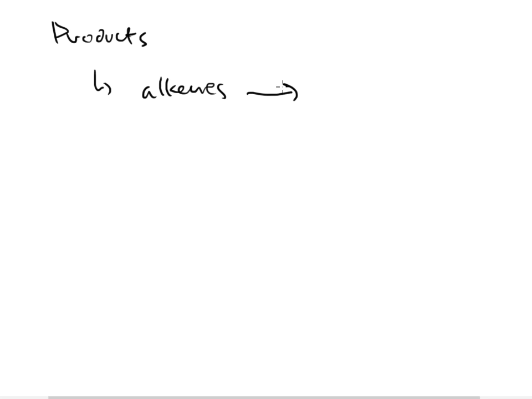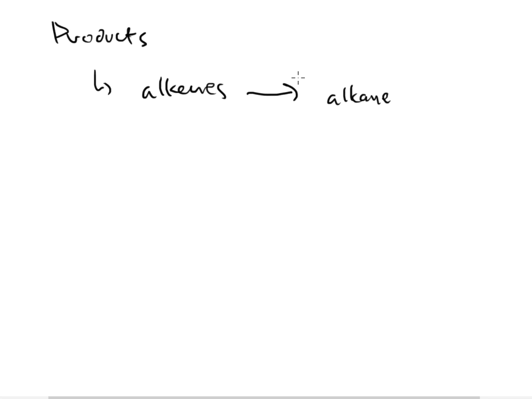Well, when those alkenes begin to react, they can form a couple of different products. First, I could take an alkene and I could make an alkane. You know what an alkane is. We've talked about it so much, you probably dream about alkanes at this point. Well, that's not the only thing that we can do, though.